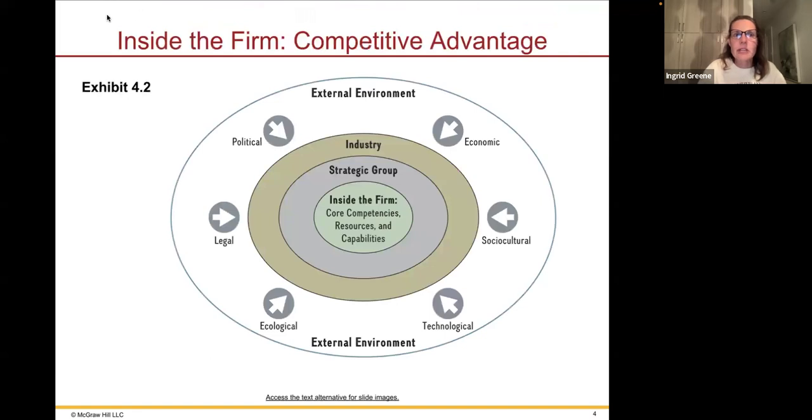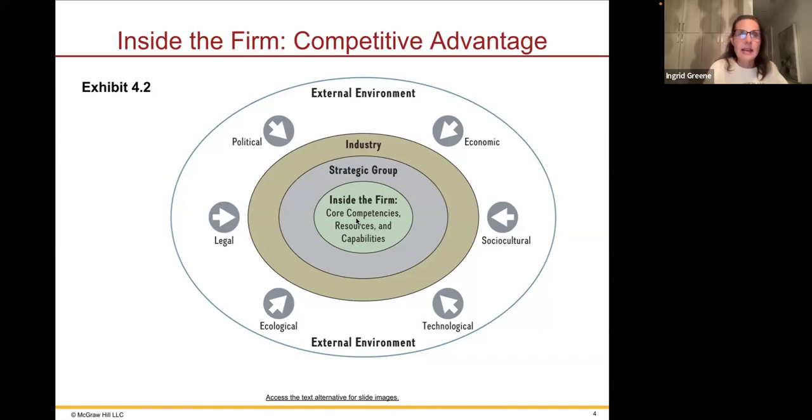So here's that lovely exhibit 4.2. You've seen this before, the PESTLE. I'm reminding you again here's the industry, and then here's the strategic group within the industry. And this is what we're focusing on in this chapter. Inside the firm, we're talking about the firm's core competencies, resources, and capabilities.